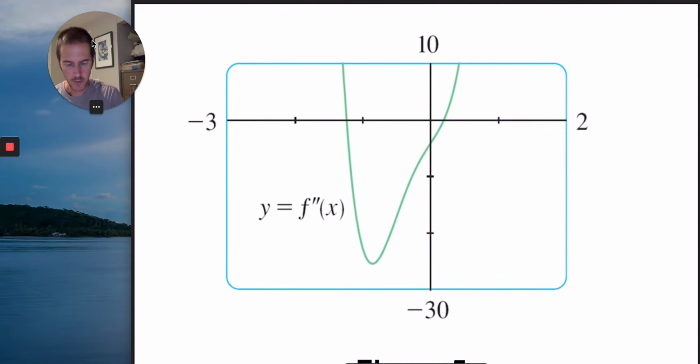The fact that our second derivative up here has positive y values means that our original function f should be concave up on that interval. In other words, our original function should be concave up when we're working with x values that are less than approximately, well, what does the author say that is?